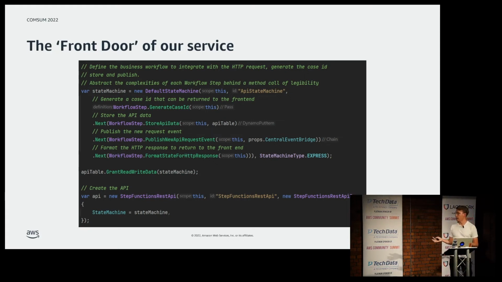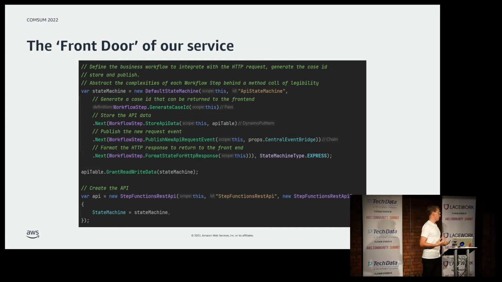I can now look at that and, broadly speaking, work out what's going to happen. Well, I can because I wrote it, but you can too. We're generating a case ID, we're storing the data in DynamoDB, then next we're publishing an event, and next we're formatting the response. So now we've got these reusable building blocks that we can use again and again in different workflows that are also really quite easy to read and understand.